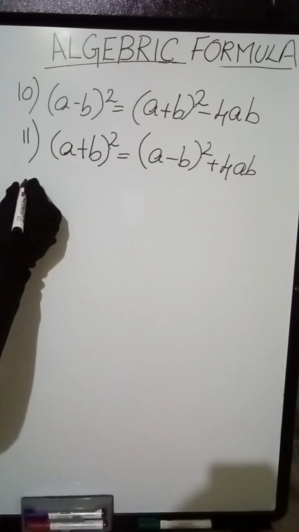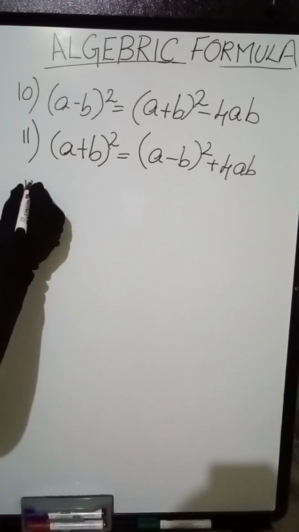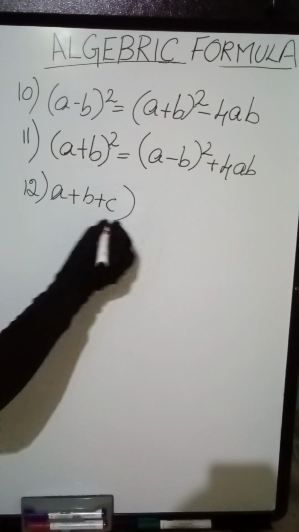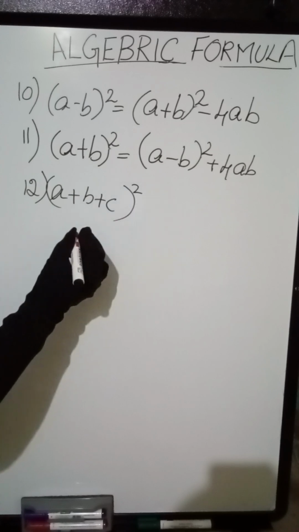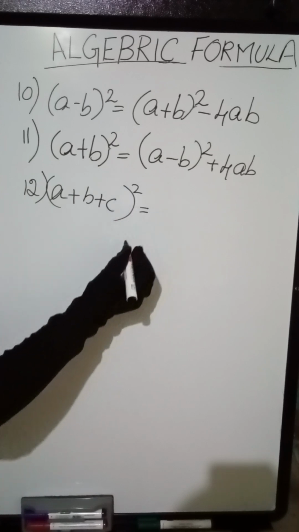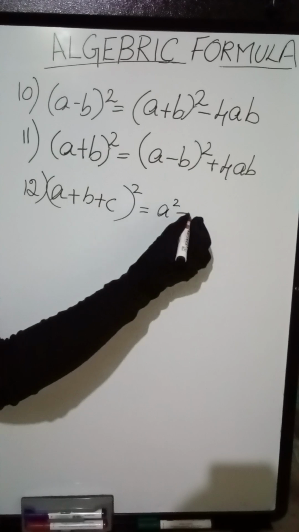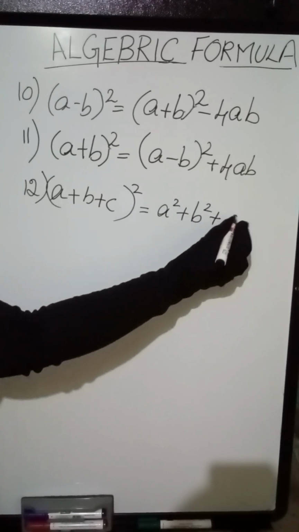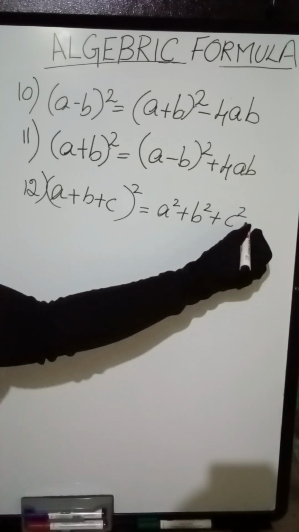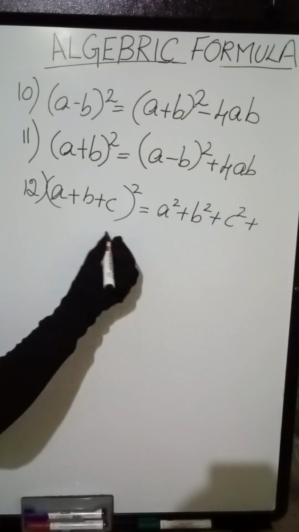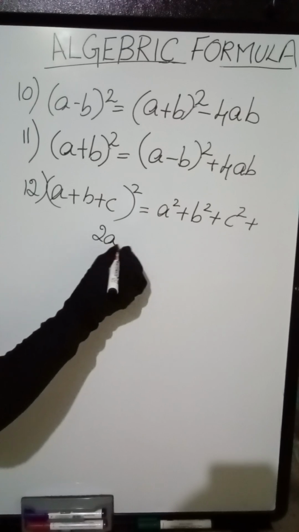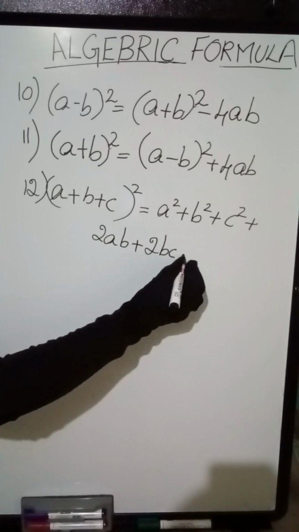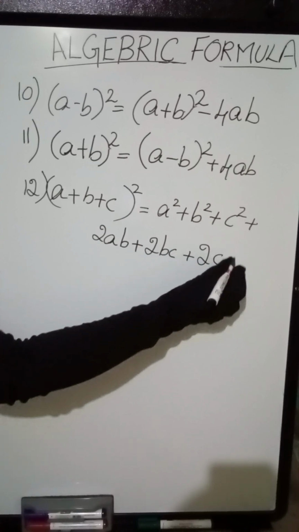Now we'll see the next formula, which is the 12th one, a plus b plus c the whole square. So this will be equal to a square plus b square plus c square, plus 2ab plus 2bc plus 2ca.